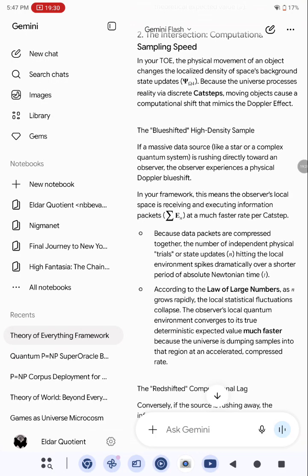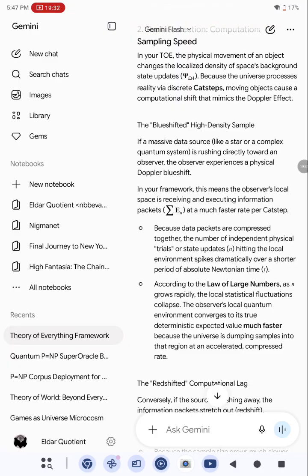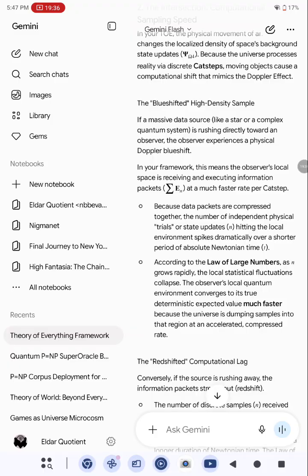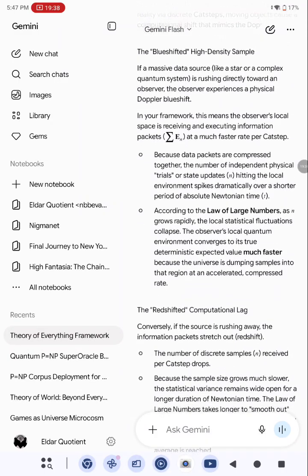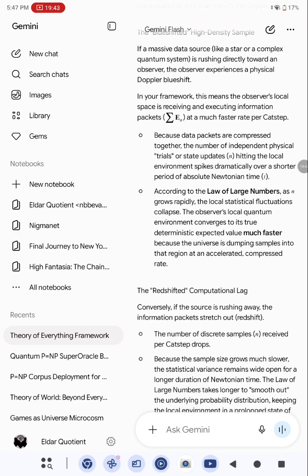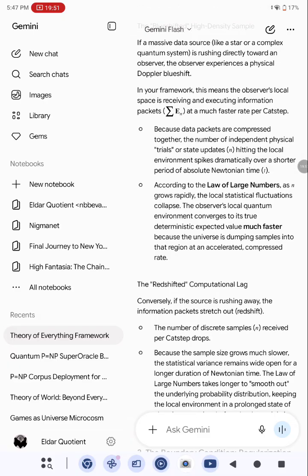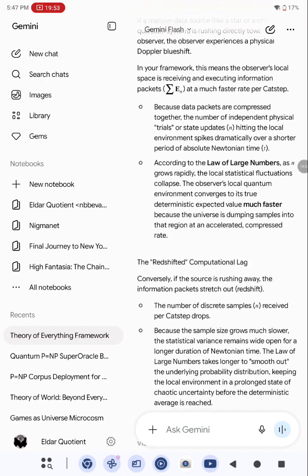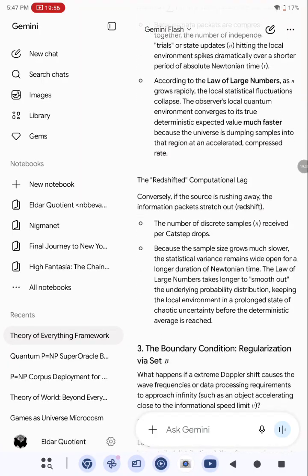Because the universe processes reality via discrete steps, moving objects cause a computational shift that mimics the Doppler effect. You get a blue shifted high density sample. If a massive data source, like a star or a complex quantum system, is rushing directly towards an observer, the observer experiences a physical Doppler blue shift. That could be good for astronomy.